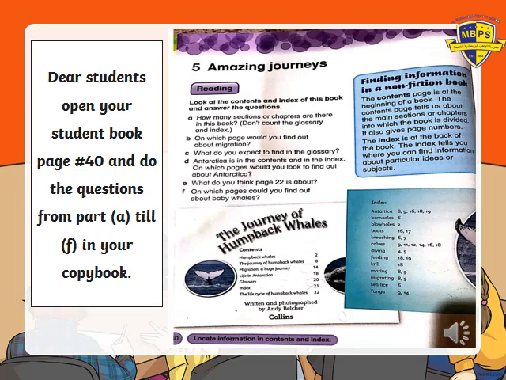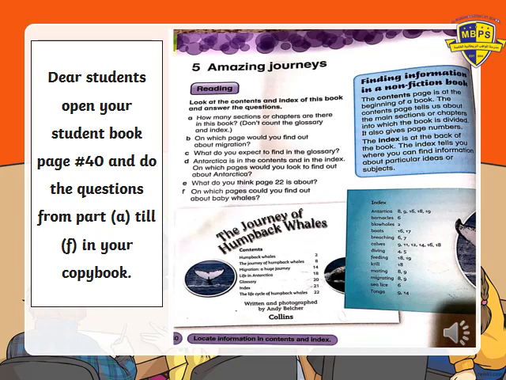On the left side you can see the contents and on the right side you can see the index, right? Question number 1 is, how many sections or chapters are there in this book? You will see in the table of contents. Don't count the glossary and index. Just look into the contents, find your answer and write it in your copybook.